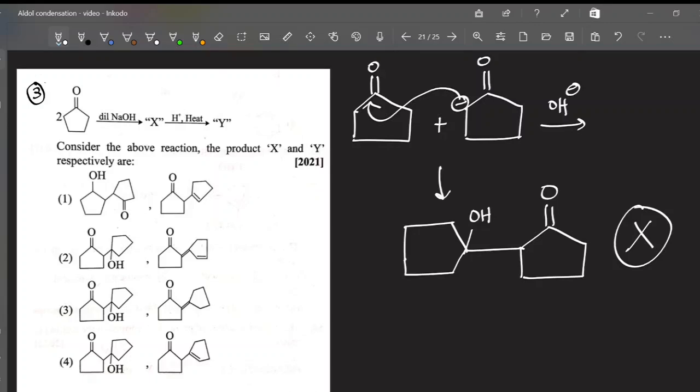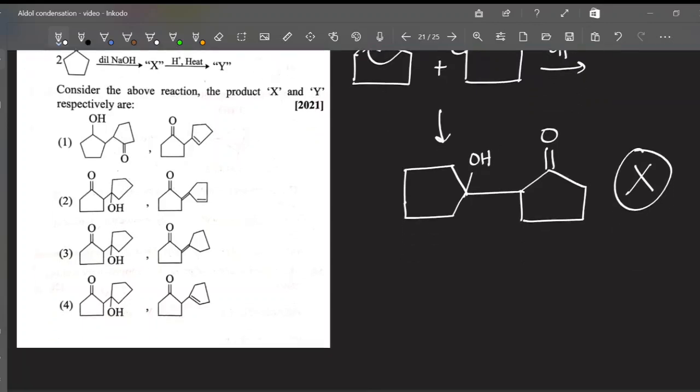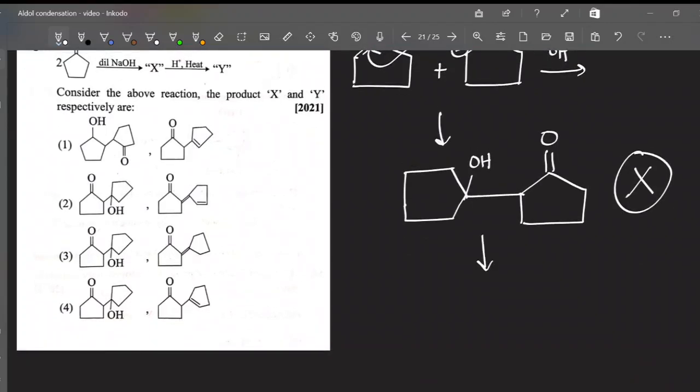Then upon heating, we need to eliminate the hydrogen from the next alpha carbon. So this water goes out to give a common double bond between the two rings.